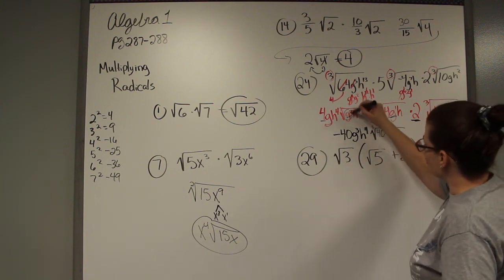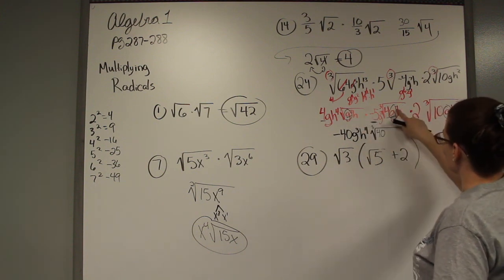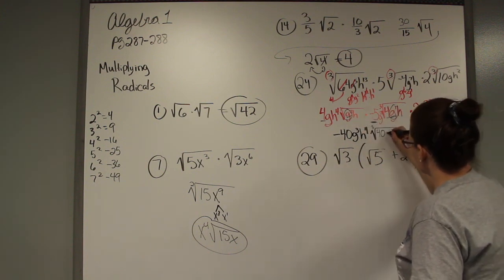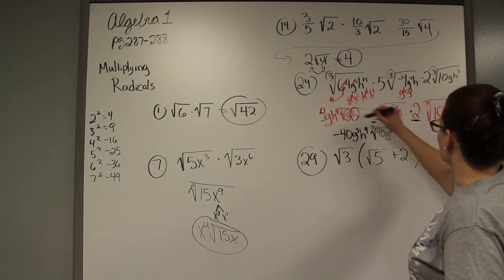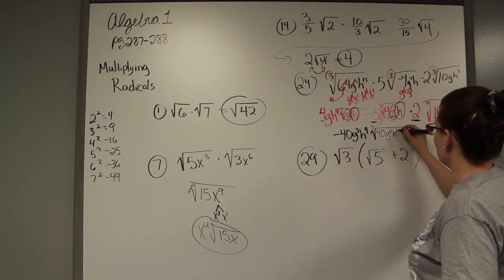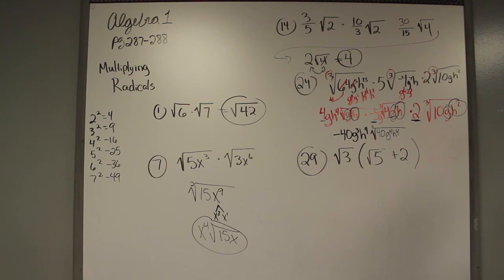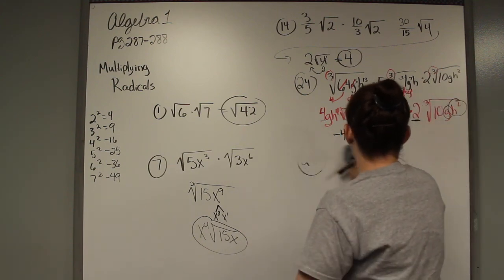Now I have g^2, g^1, and g^1, so 2 plus 1 is 3, plus 1 is 4, g to the 4th. And then h, I have h^1, h^2, and another h^2, so that's h to the 4th. I got to move this out of the way. I'll rewrite it. But I need the space.